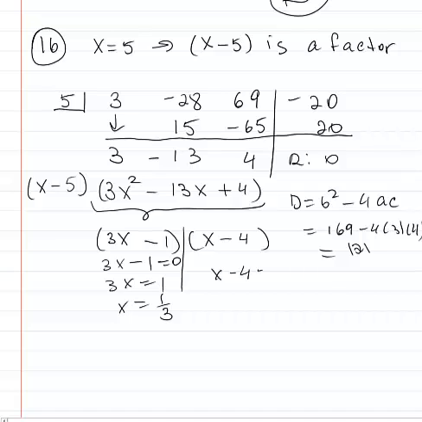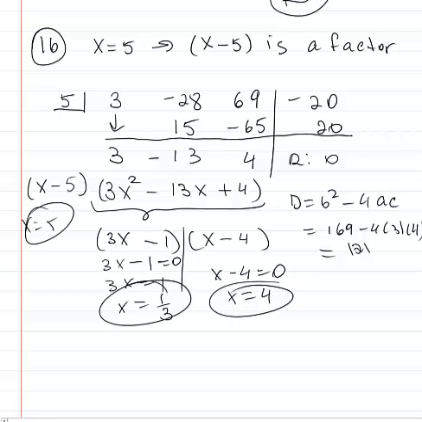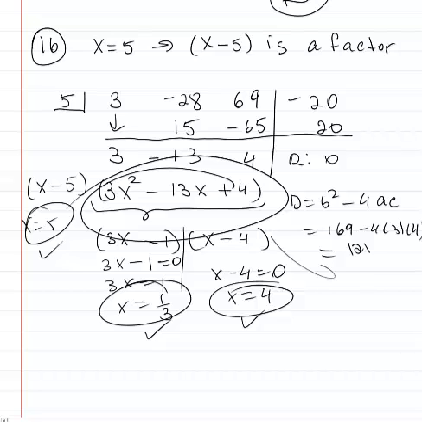Here x minus 4 equals 0, so x equals 4. Along with our root of 5, we also got 1/3 and 4, so these are the solutions to that third degree polynomial. Also, if you use the quadratic formula, you would get those two roots as well. You don't have to factor, you can just use the quadratic formula.